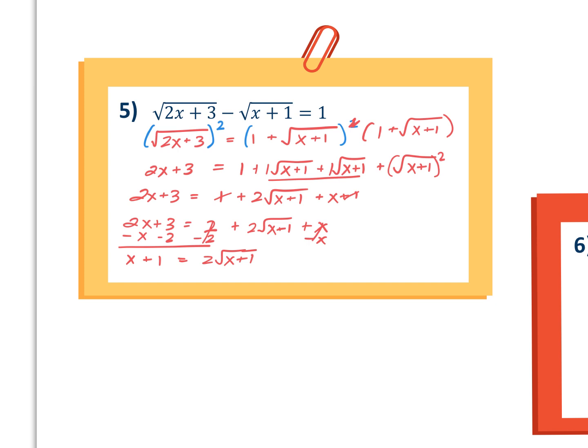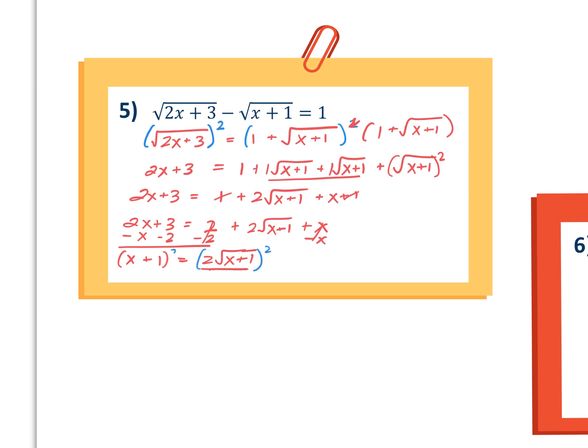So I'm going to keep doing what I do normally. When I have a square root, I have to isolate it and square it. I know that if I divide both sides by 2, I can do it, but instead of dividing right now, let me just square both sides, because I know to get rid of this radical, I could square it.